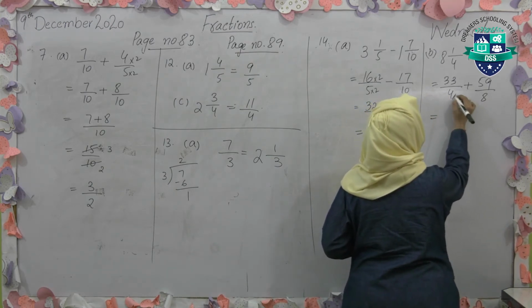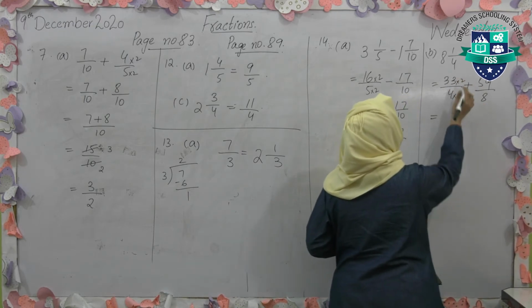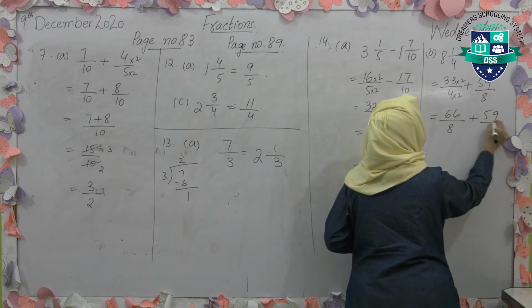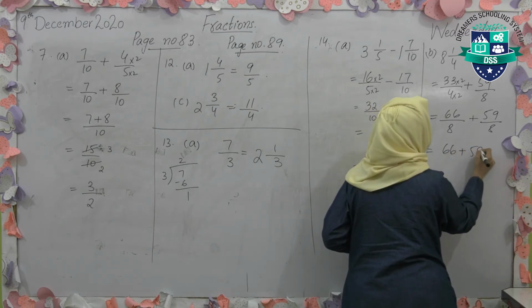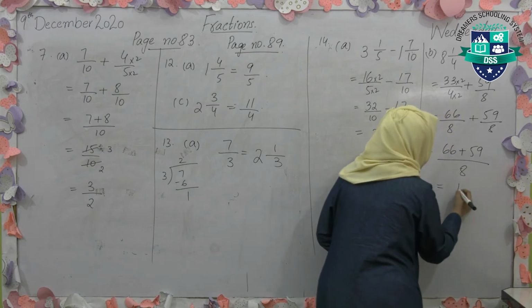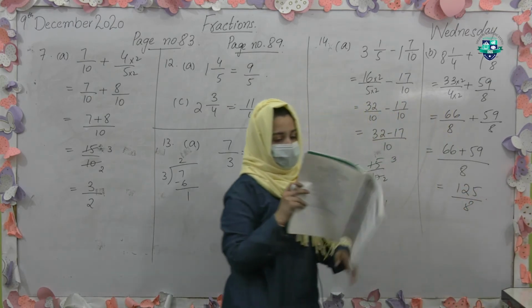Making the denominator the same. 4 2s will become 8. Multiplying the numerator by 2 also. 33 2s are 66, 4 2s are 8, plus 59 by 8. 66 plus 59 by 8. 66 plus 59 will become 125 by 8 and this is the answer. It will not be simplified.